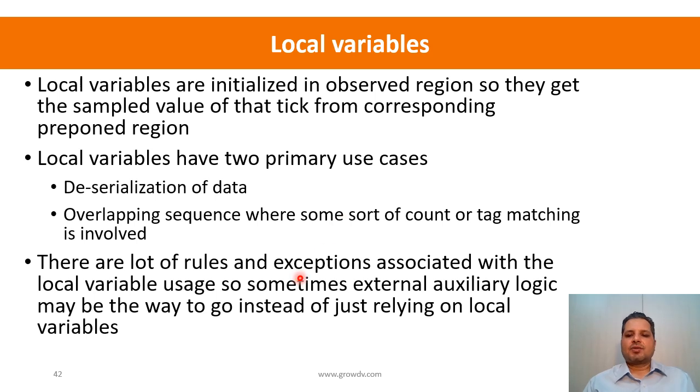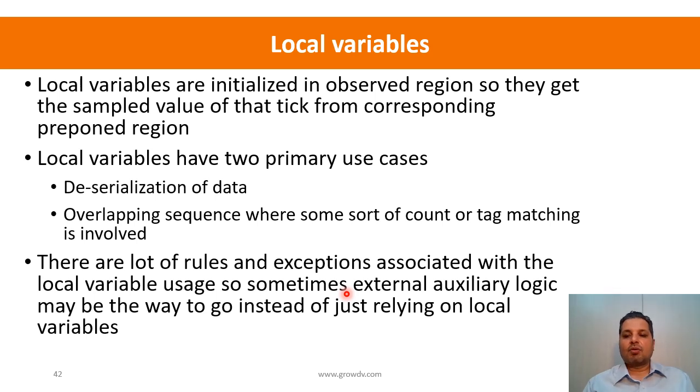As we noted at the beginning of this session, many features of assertions come with a star at the top, which means that conditions apply. So even for local variables, there are many rules and exceptions associated. For more information, you should refer to the LRM.